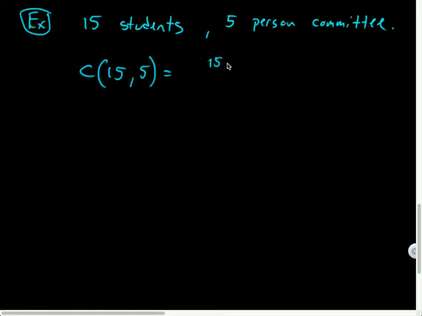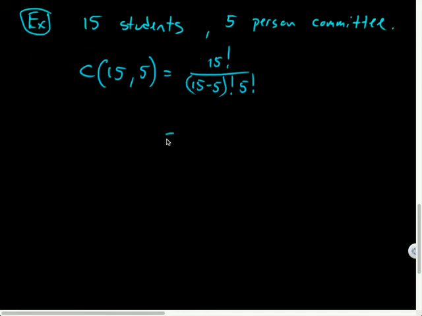So that would be 15 factorial over 15 minus 5 factorial. Maybe you can start skipping writing the 15 minus 5 and just write 10 factorial times 5 factorial. Notice that by dividing by the extra 5 factorial, there are going to be fewer outcomes than in a permutation.